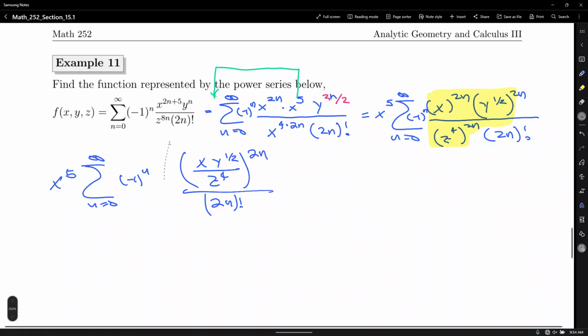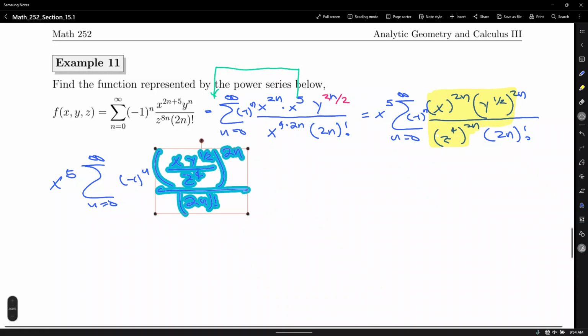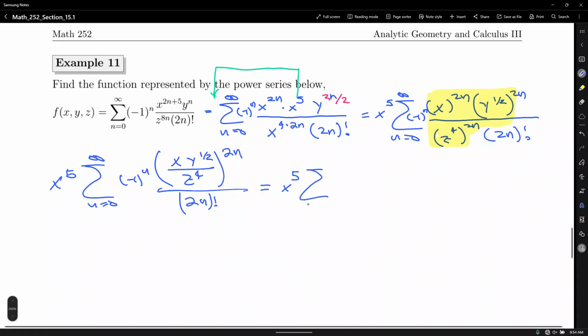And from here, we can identify our u, which is that big quotient. This is x to the 5th, sigma n equals 0 to infinity, negative 1 to the n, u to the 2n over 2n factorial, which will be turned into a cosine function shortly.